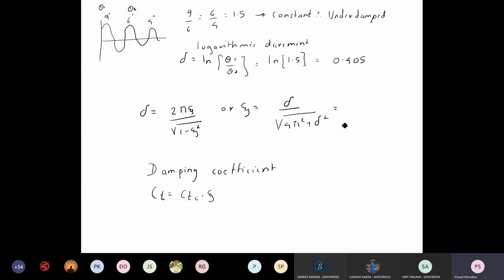Zeta we have just calculated in the above equation. So C critical is 2 into I into omega n. Calculate these values.